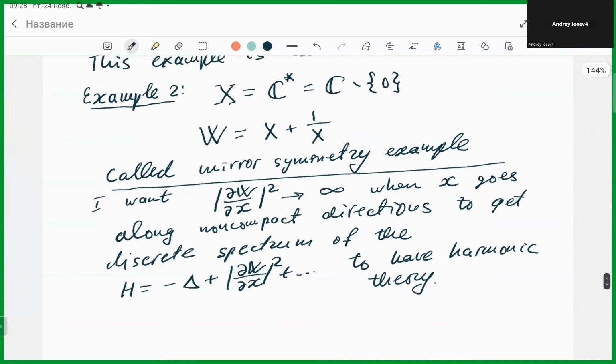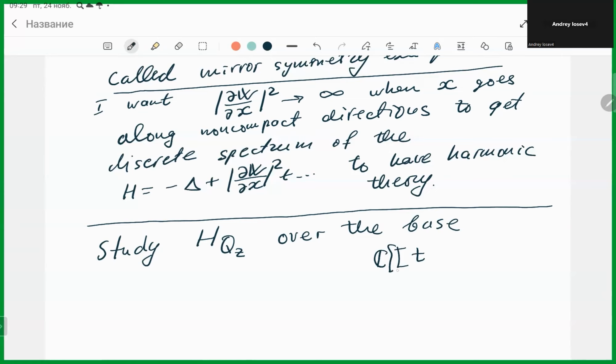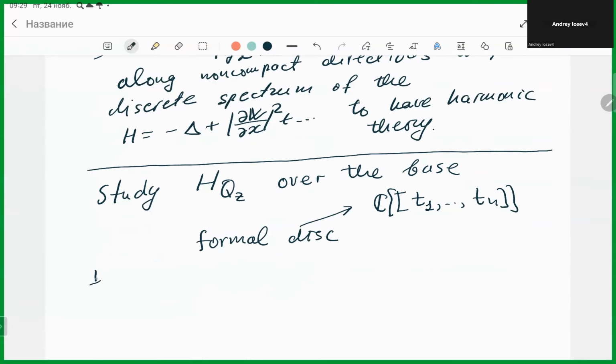So my goal would be to study the cohomology of Q_Z over the base, and the base would be C, and here I would like to put formal power series in t_1 through t_n. It is called the formal disk. So it is a bundle.